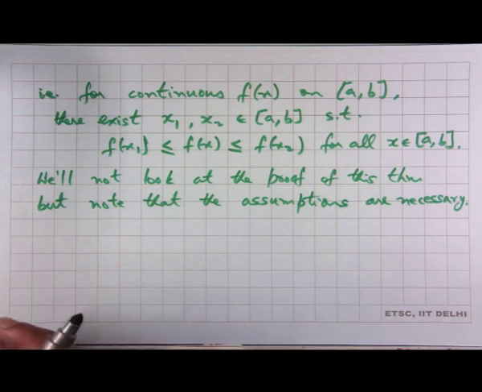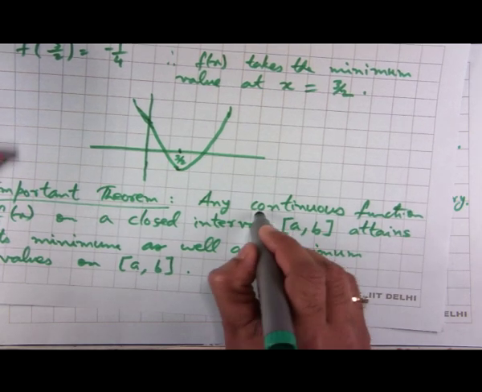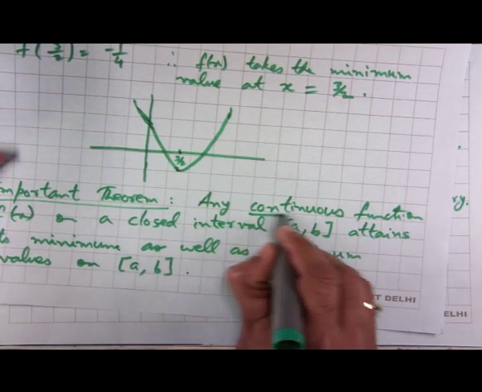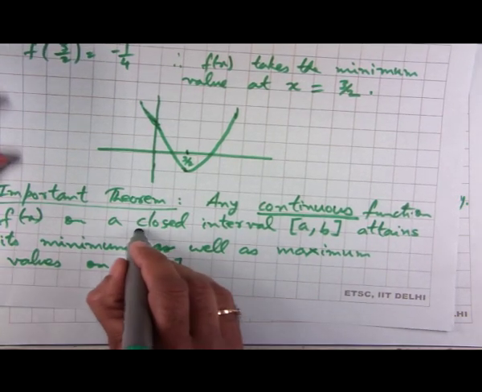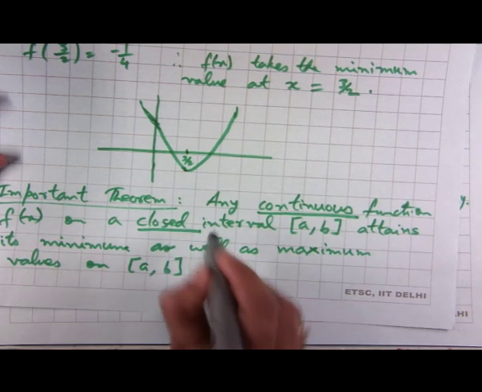There are two crucial assumptions in this theorem. One is that this function is continuous, and another is that the interval is a closed interval.